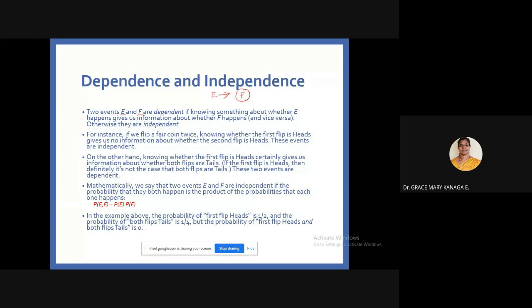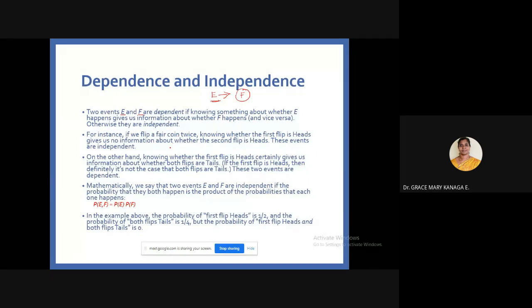If you know something about F, you can predict the occurrence of E, and in that case also the events are dependent. Otherwise, the two events E and F are independent.